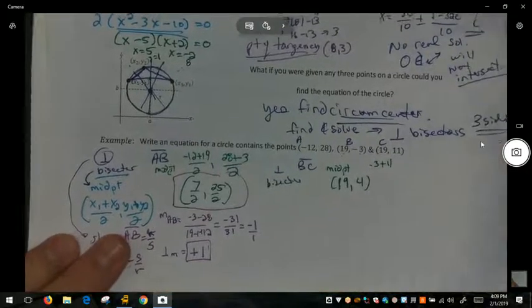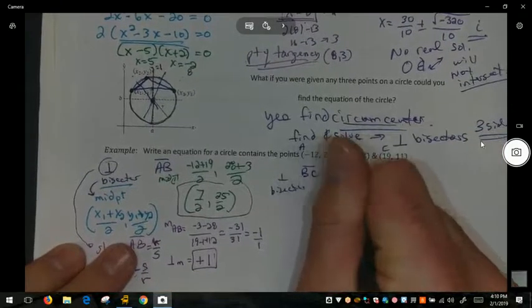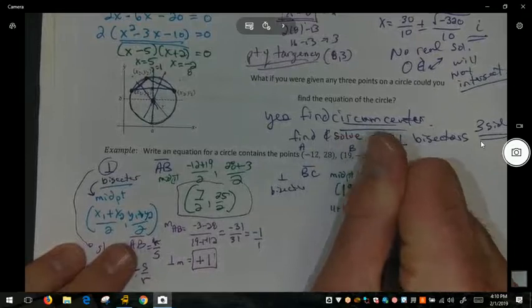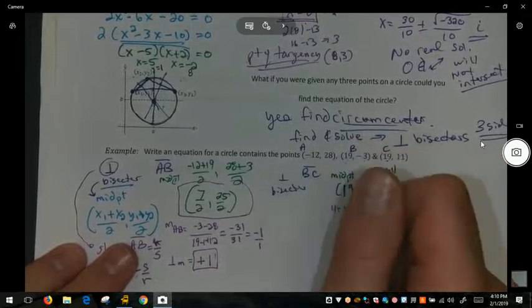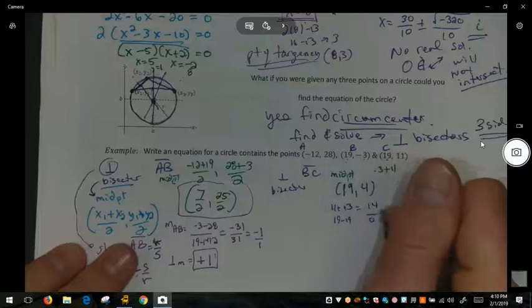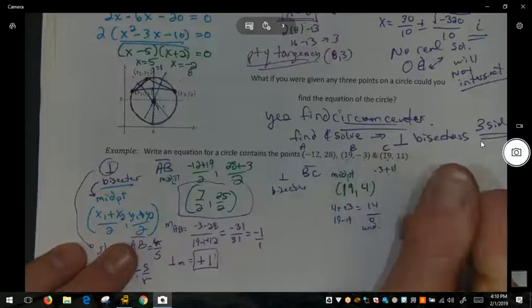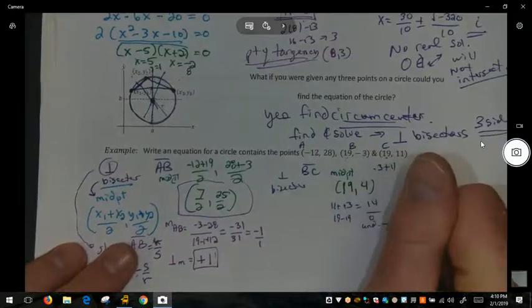I'm going to get the slope for the other line, BC, now. I have 11 minus -3, which really becomes plus, that's 14. And 19 minus 19, oh crud, that stinks. That's going to be 0. Well, if I have a zero denominator, that's an undefined slope, which means it's a vertical line.